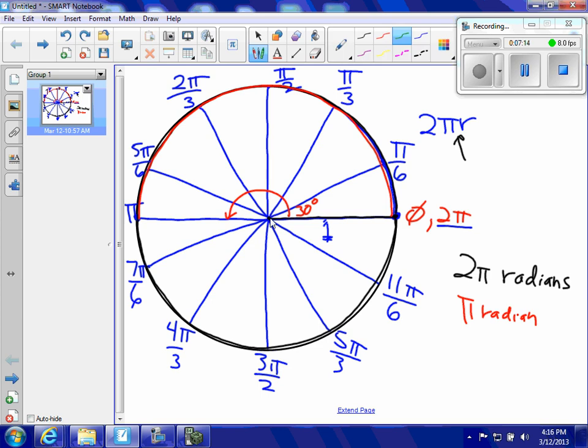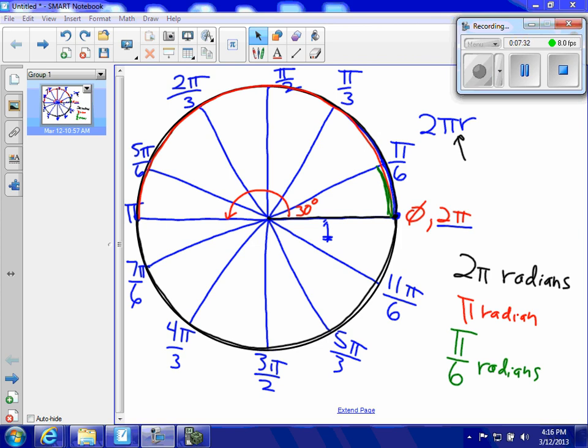If I go just this far around the circle, how many radians have I gone? I've gone pi over 6 radians.